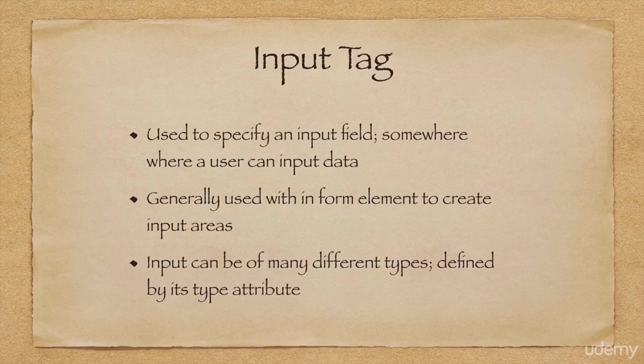So this input type is something that you would need to go and have a good look at if you want to create input fields, and generally it can be used for quite a number of different things, but in most cases you would want to use this with some other functionality like JavaScript or PHP, so that you can actually do some processing on the information that you pass in. That's beyond this course. We're only looking at HTML and CSS, but it's something for you to go and do at a later date.